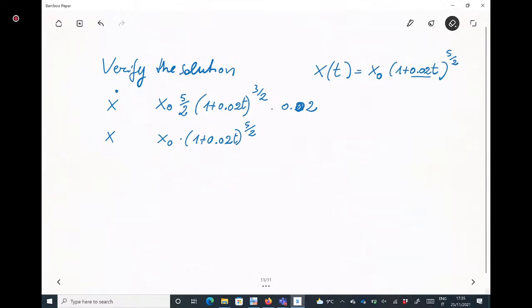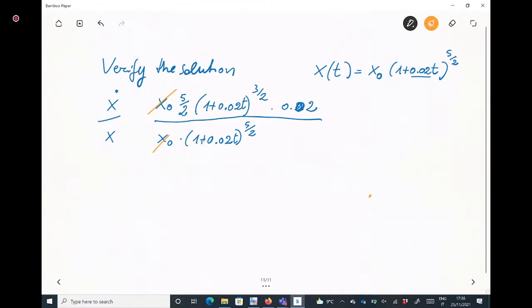What is x dot over x? It is this. Okay, so it is basically x0 and x0 can be simplified. Now we have 1 plus 0.02t in the denominator, because it becomes to the power of minus 1.